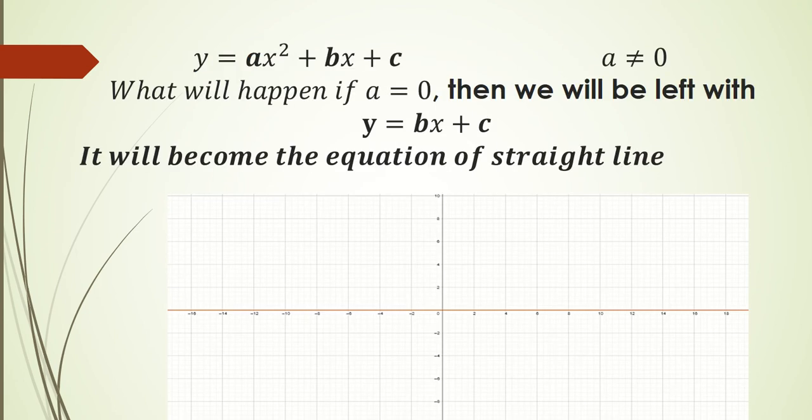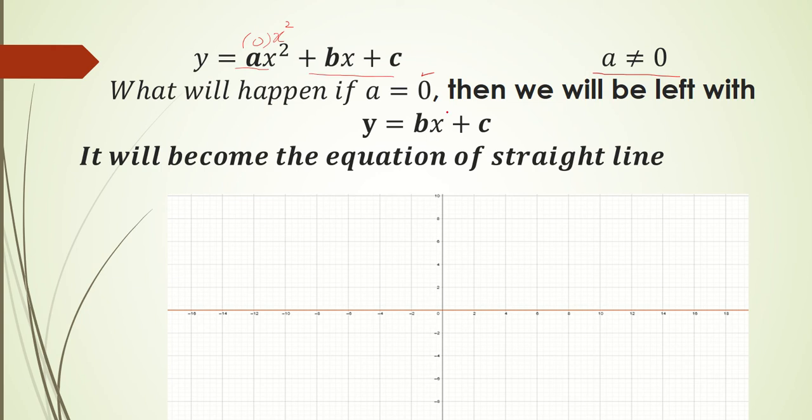Now, usually when we observe a quadratic graph, the equation is given like this, and this is also mentioned: a is not equal to 0. What does it mean? What will happen if a becomes 0? If a becomes 0, your x square automatically becomes 0, so we will be left with bx plus c.